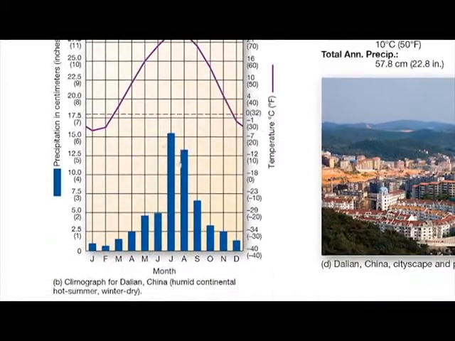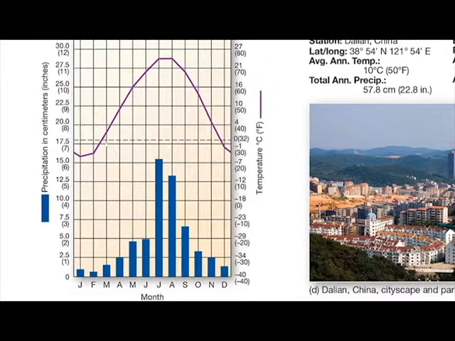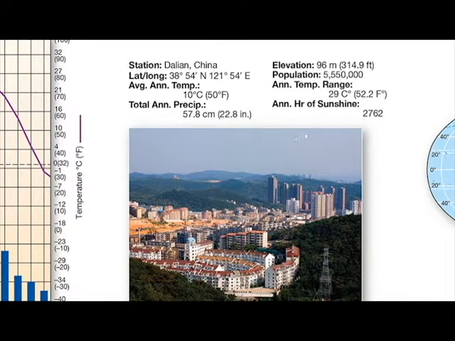So what characteristic do you have? You see the high precipitation during summertime. Now, the same thing, more continental, you see the temperature on average below the freezing point, and you have a temperature range in this area of about 52 degrees.